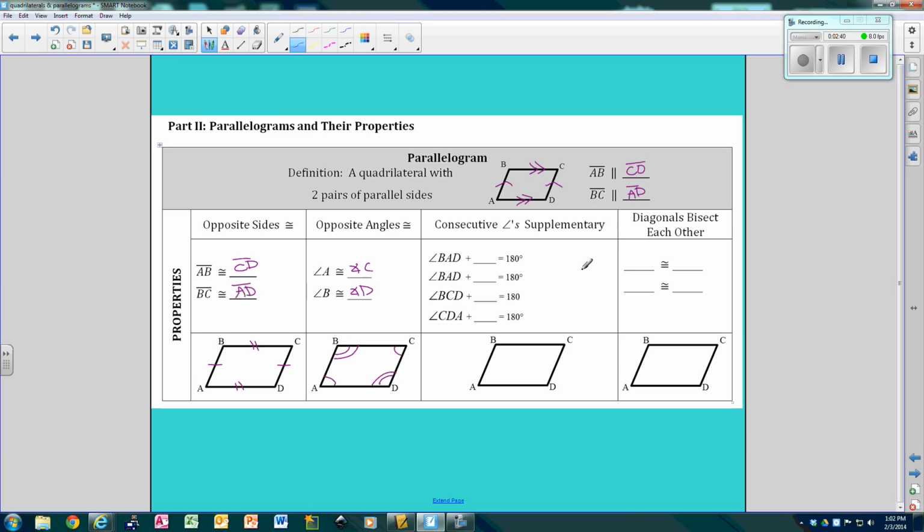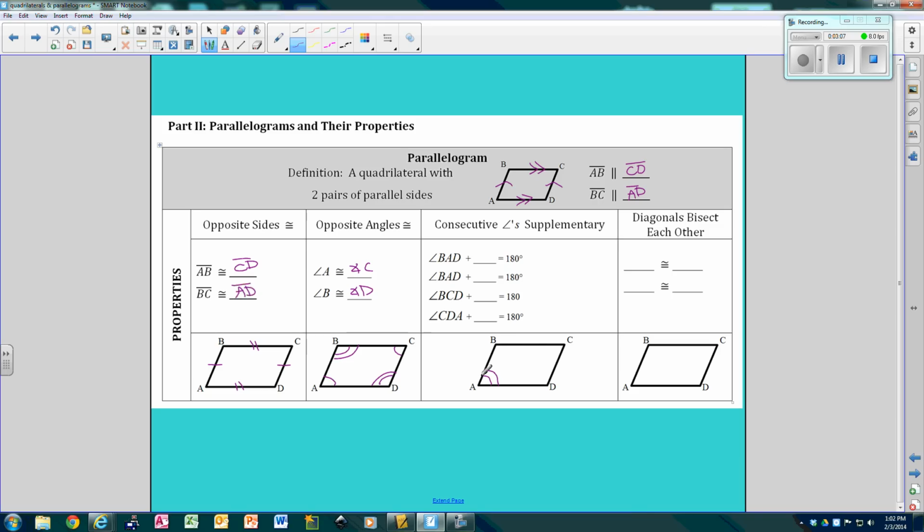Now the next thing you need to know is that consecutive angles, which means one after the other, like we count consecutively, 1, 2, 3, 4. Consecutive to angle A would be angle B or angle D. If we're looking at angle BAD, we're looking at this angle right here. Consecutive means neighbors.